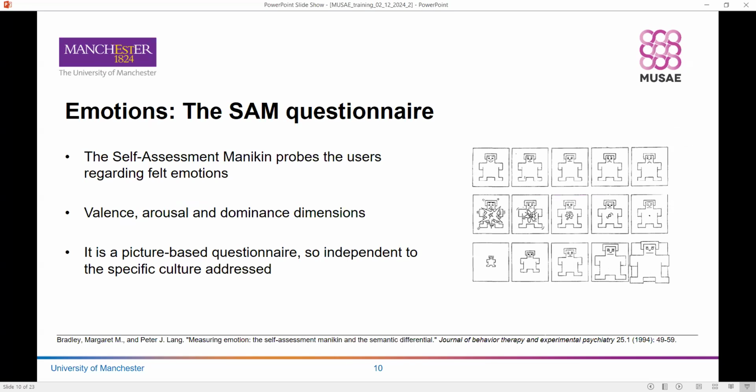It is a questionnaire that probes the user regarding their emotional response based on 3 dimensions that are the valence, that is whether an emotion is perceived as positive or negative, arousal, that is the intensity of the experienced emotion, and dominance, that is the level of control that you had of that emotion during the interaction. This is a picture-based questionnaire, so it is very intuitive for a participant to understand and feel.